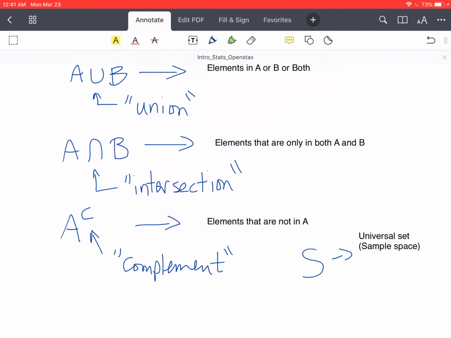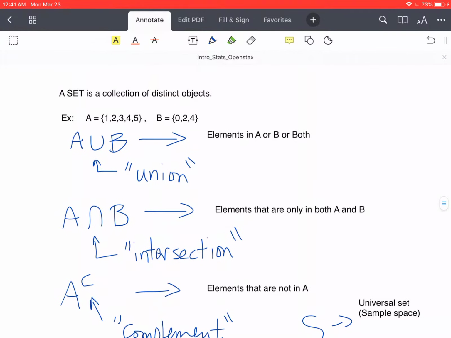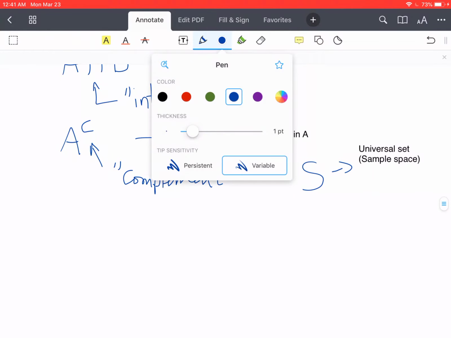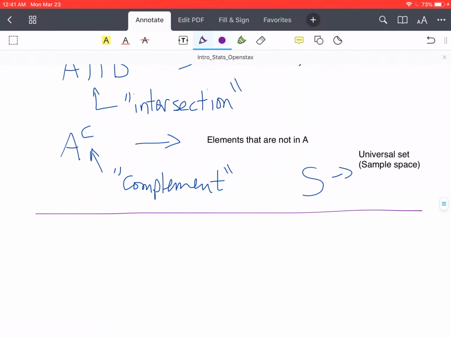So, for example, if we're working with these sets up here, A is 1, 2, 3, 4, 5, and B is 0, 2, 4. Then A union B would be everything that is in A or in B or in both.